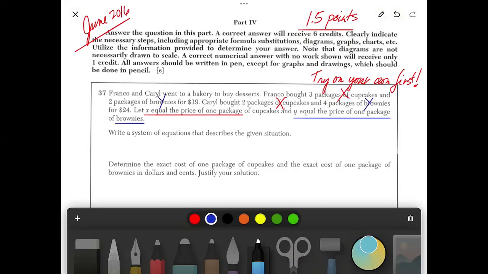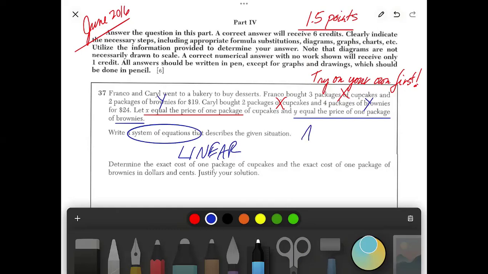Now, here is the key idea for these problems. You're going to see it quite often in these next few videos that you watch. Whenever it says system of equations, they mean system of linear equations. There are 2 formats that you can see a linear equation in.